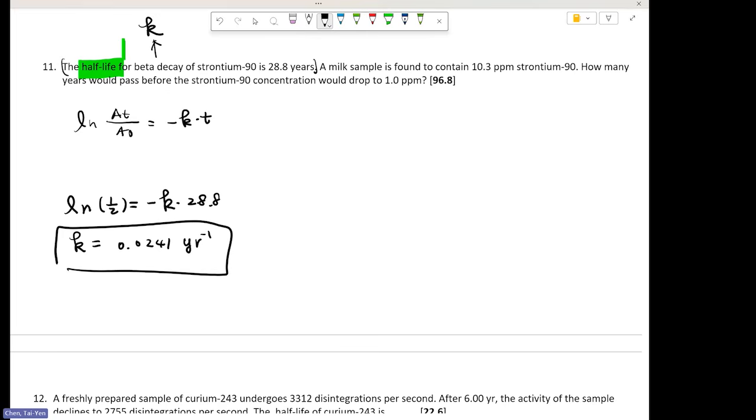But it says how many years will pass. That means you want to know your t. Right now you know your k already. That means, can you define your At and A0? What is your At based on the description? 1.0 ppm is your At. Why? At is current.